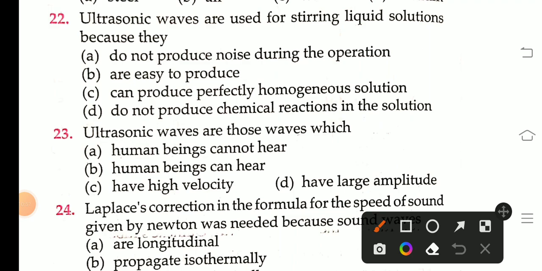Ultrasonic waves are used for stirring liquid solutions because they, right answer option C, can produce perfectly homogeneous solution. Next, ultrasonic waves are those waves which, right answer option A, human beings cannot hear.